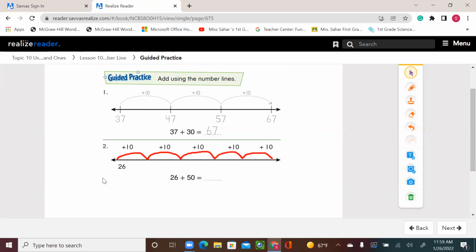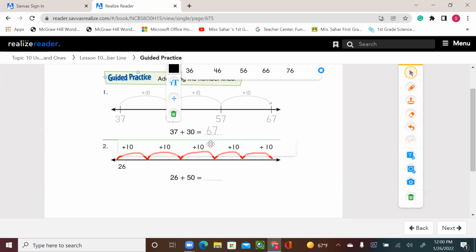All right, so let's write down 26 plus 10. I know my tens digit will increase by 1. So the 2 will be 3, so 36. 36 plus 10, very good, 46. 46 plus 10, 56. 56 plus 10, 66. 66 plus 10, 76.